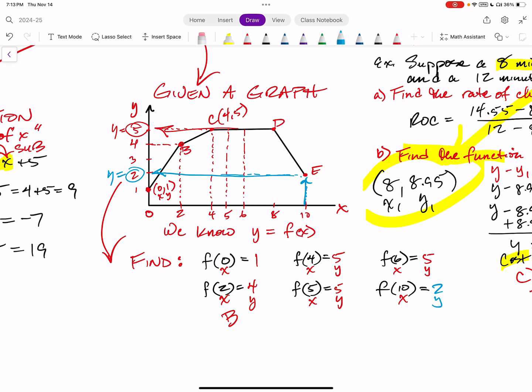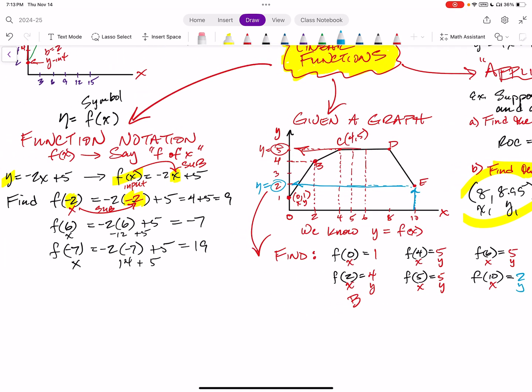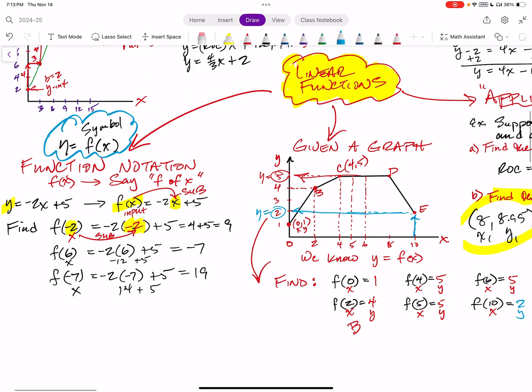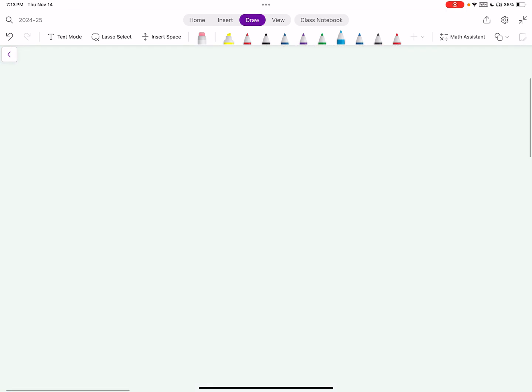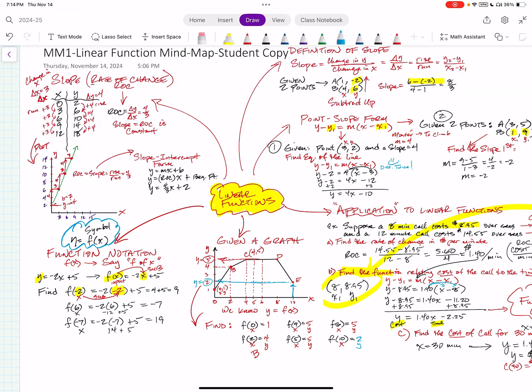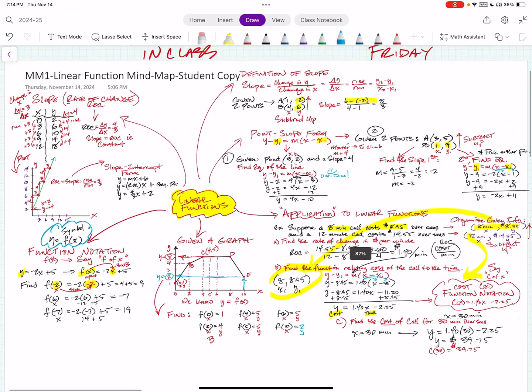F of x is a y value. That's why I said in the very beginning, it's just a symbol for a y value that you just have to get used to because we use it in higher mathematics all the time. Okay, and there we go. There's your entire mind map here, and the only thing you need to do is get good at it, and the way you get good at it is through proper practice.